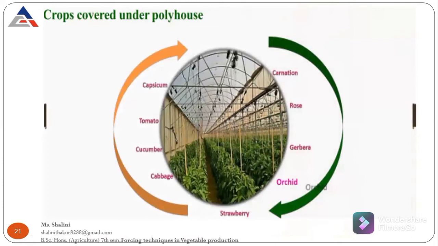Now the crops covered under the polyhouse are carnation, rose, gerbera, and orchids. These are all flowers. On the other side, there are strawberry, cabbage, cucumber, tomato, and capsicum. These are the vegetable crops which we grow under polyhouse, and they can easily grow there.